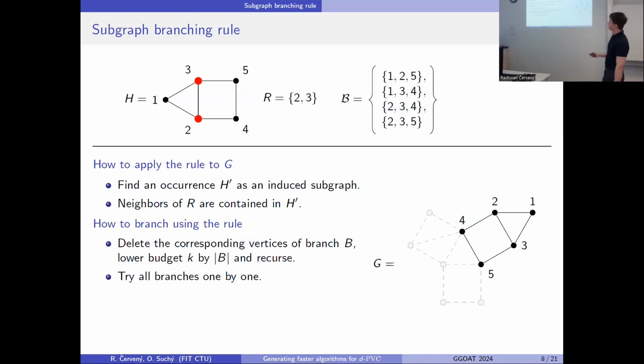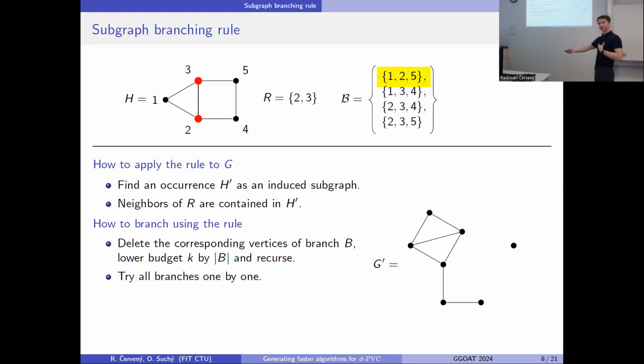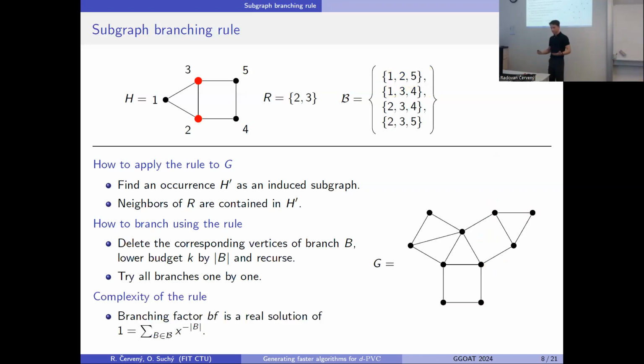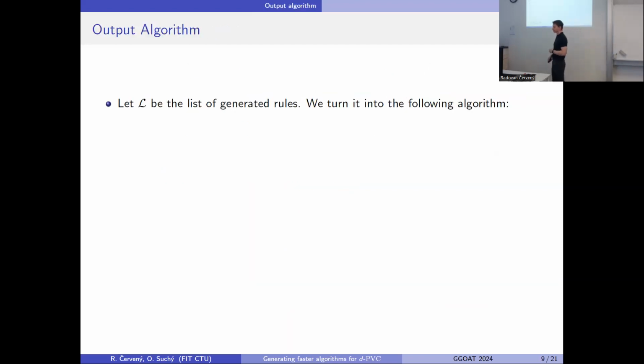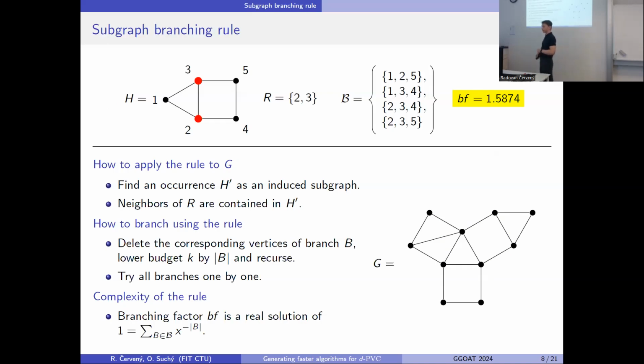We go one by one, each branch, delete the vertices and recurse. Go to another branch, delete, recurse. Typical branching algorithm. The complexity of the resulting algorithm given this rule is given by some equation, and what you get from this equation is a branching factor, some number that describes how much this rule branches. The smaller this number is, the better. So that's our basic building block.